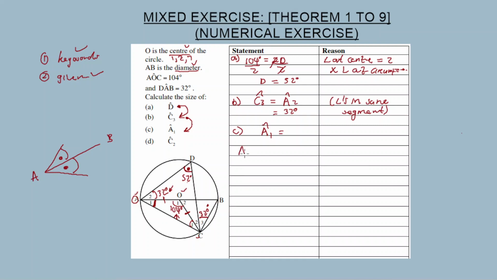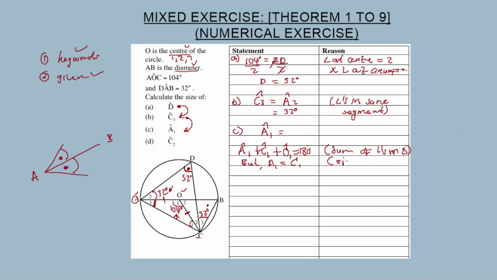We want A1, so we say A1 plus C1 plus O1 is equal to 180 degrees, sum of angles in a triangle, right? But A1 is equal to C1. Why?